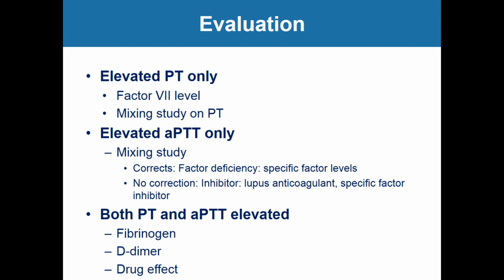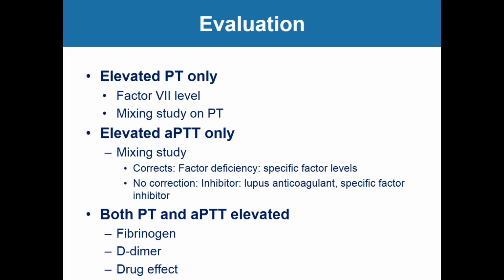If the PTT corrects to normal, that suggests that the patient is missing a factor. They have a factor deficiency, and at that point, it's important to do specific factor levels for factors in the intrinsic arm of the coagulation cascade, such as factor 8, 9, and 11.